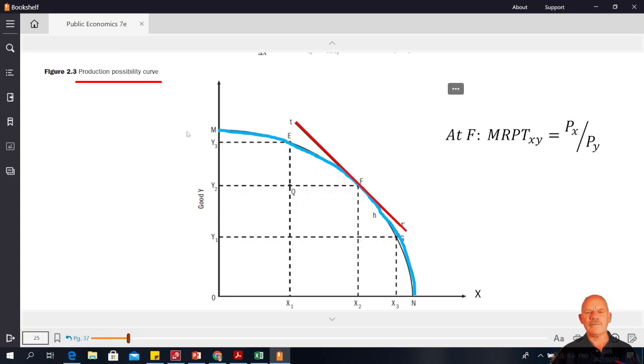That's why the slope of the curve is negative. The ratio at which they can change from one to another is called the marginal rate of product transformation. And in equilibrium, it's equal to the price ratio between X and Y.